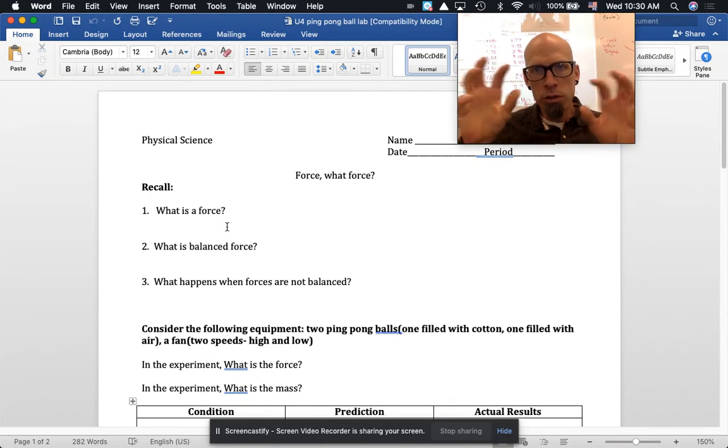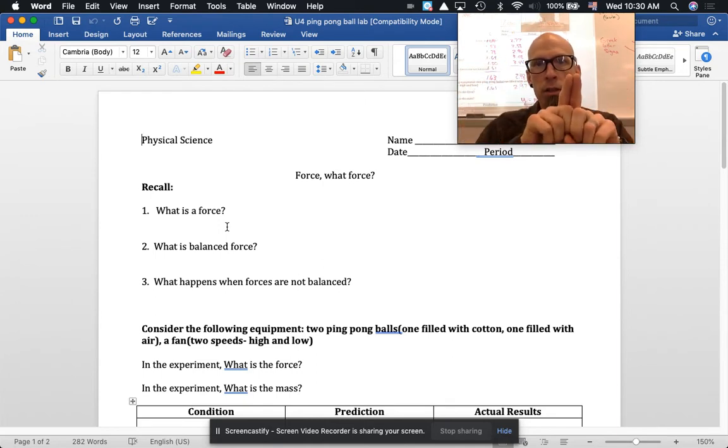There's two things. One is creating the force. That's the agent. The other is receiving the force. That's the object. That's why we have agent object naming. That's why we always name them force of blank on blank, and those two blanks are the agent and then the object.